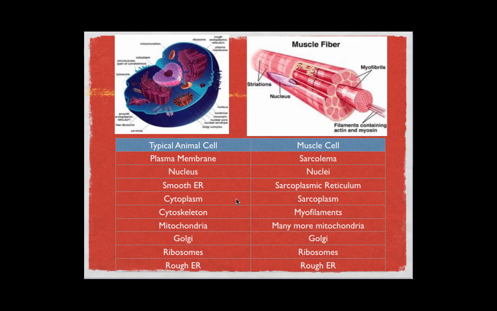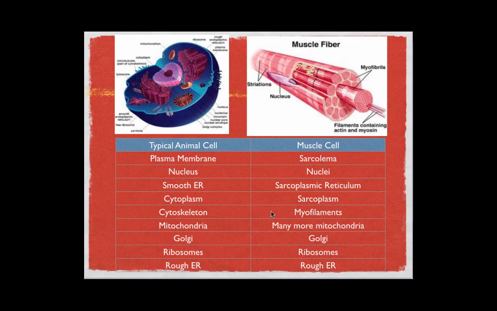In the animal cell, the fluid that surrounds the organelles is called cytoplasm. In a muscle cell, it's called sarcoplasm. A typical animal cell has an internal structure made of proteins, and that internal structure is called the cytoskeleton.